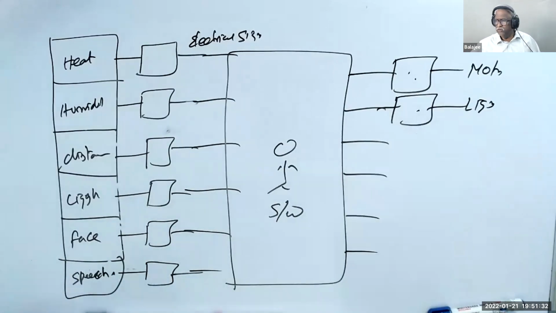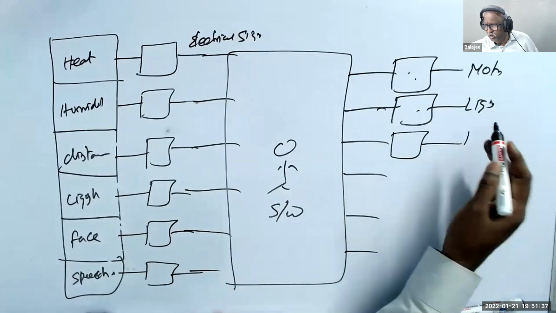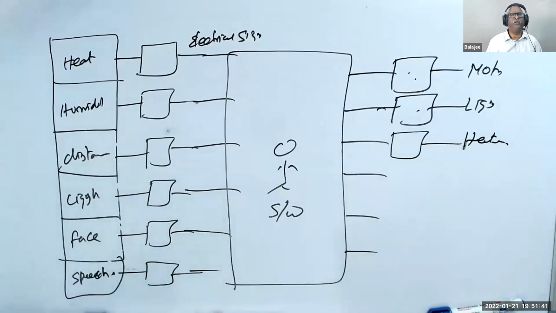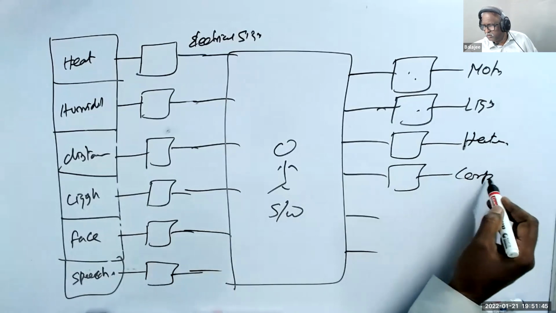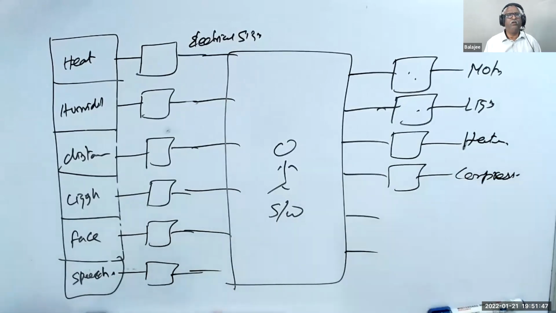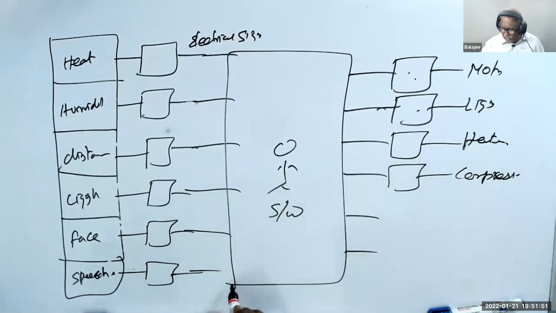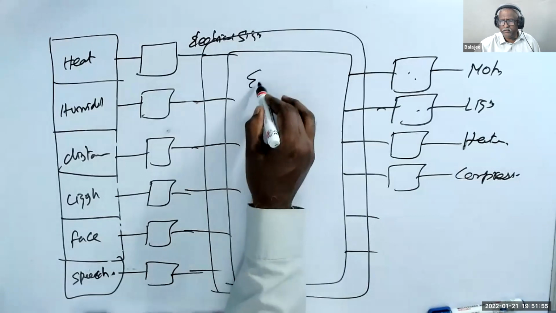You understand? So there'll be a converter. This could go to a heater, whatever it is, right? Or go to a compressor. So you give a command here that will operate that. So this is generally called embedded electronics.